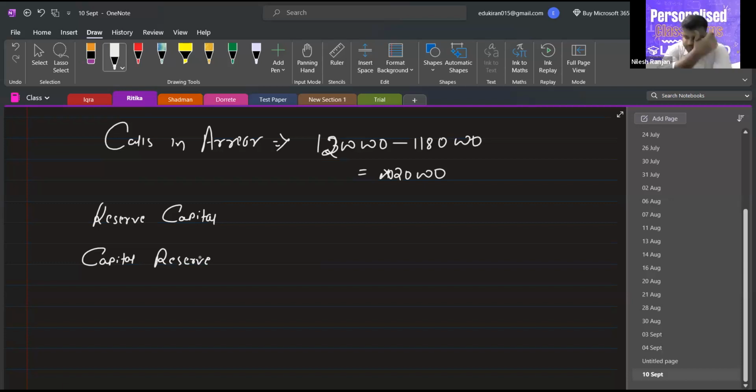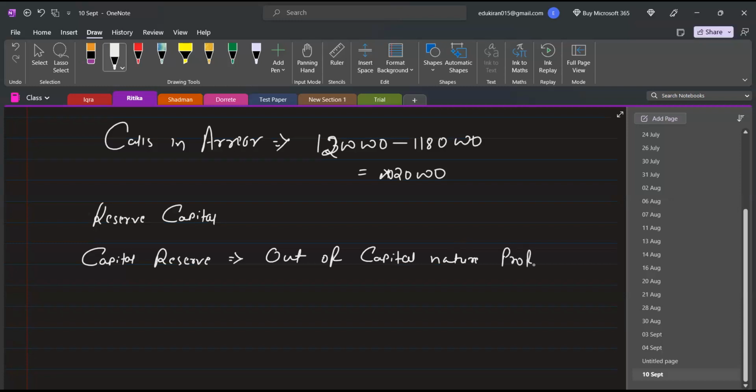Actually, there are two types of reserve that we create in our balance sheet. One is revenue and second is capital reserve. So capital reserve is a reserve which is created out of capital nature profit, means profit which is long term in nature.